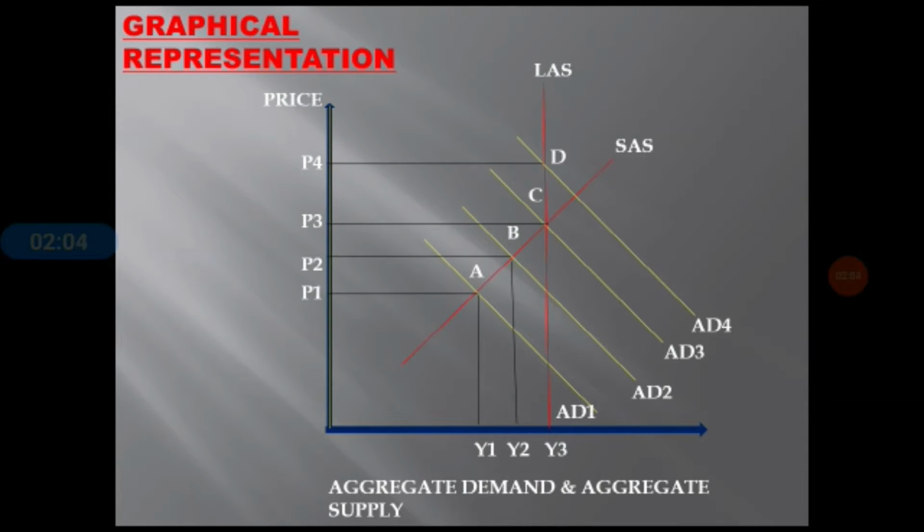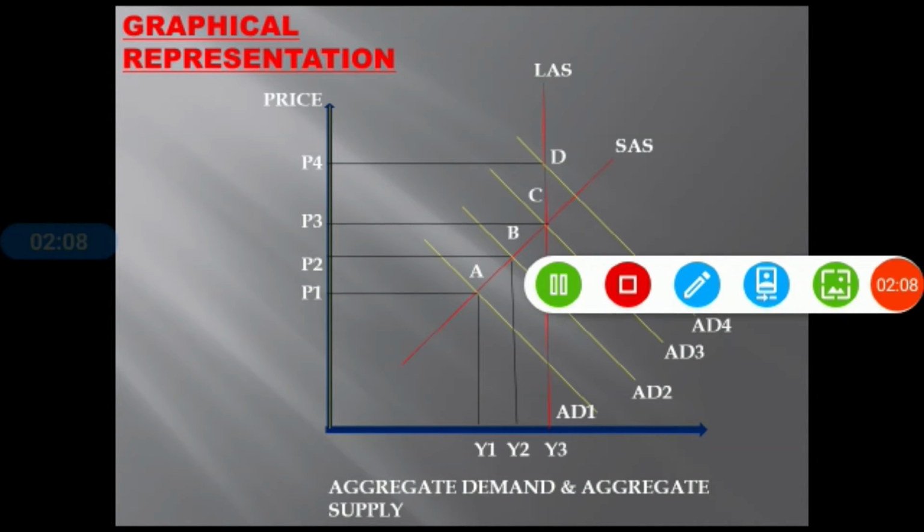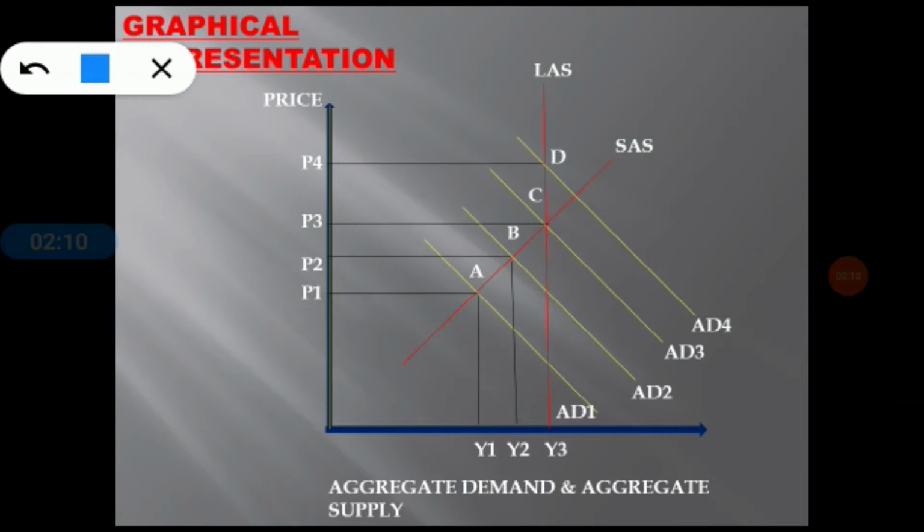Here, this is a graphical representation of demand pull inflation, and here we can see price is measured on the vertical axis, and aggregate demand and aggregate supply, that indicates the aggregate output, is measured on the horizontal axis. So AD1 to AD4, this is the aggregate demand curve, because AD indicates the aggregate demand curve and AS is the aggregate supply curve. Here we use two aggregate supply curves.